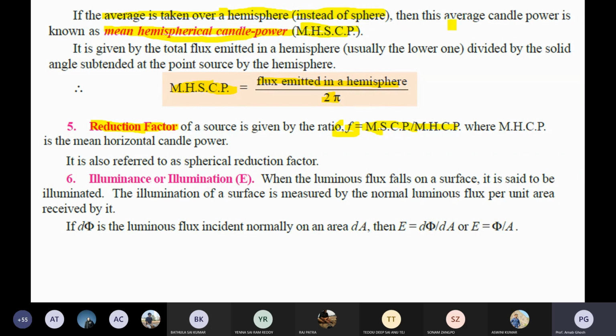Instead of that, you have added the delta portion, but d did not change, since the distance is fixed. Now substituting delta I from equation number 1, delta E equals L delta A cos phi by d square.